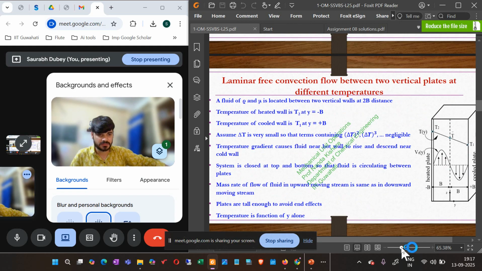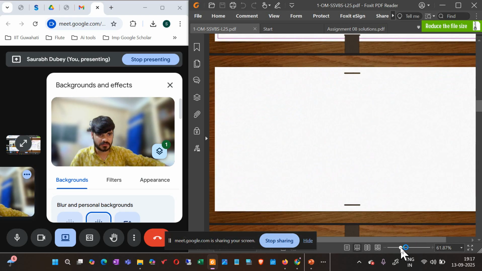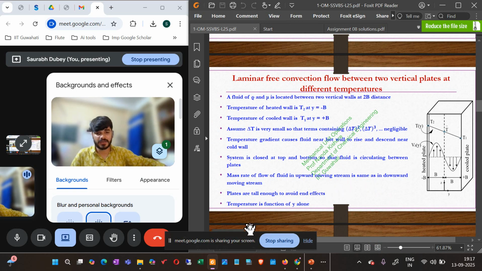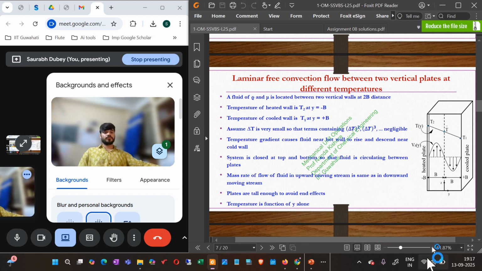So let us just fix it here. Now, I am a bit slow because these 20 slides will fix up the basis for the next two lectures. Here you are incorporating the effect of temperature along with the non-Newtonian fluid for the given free convection problem.